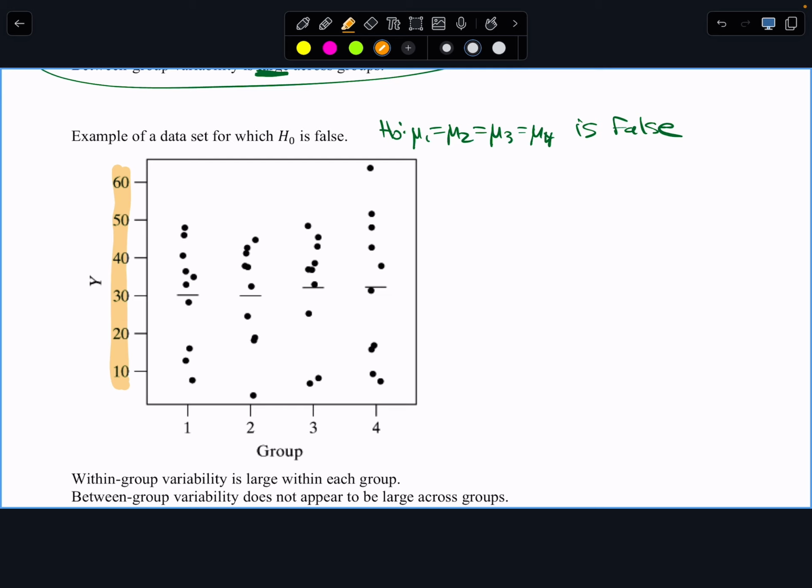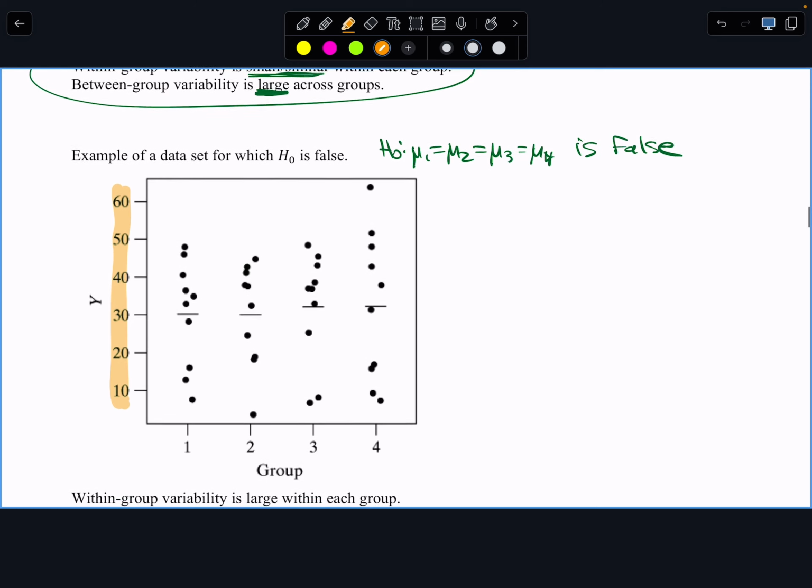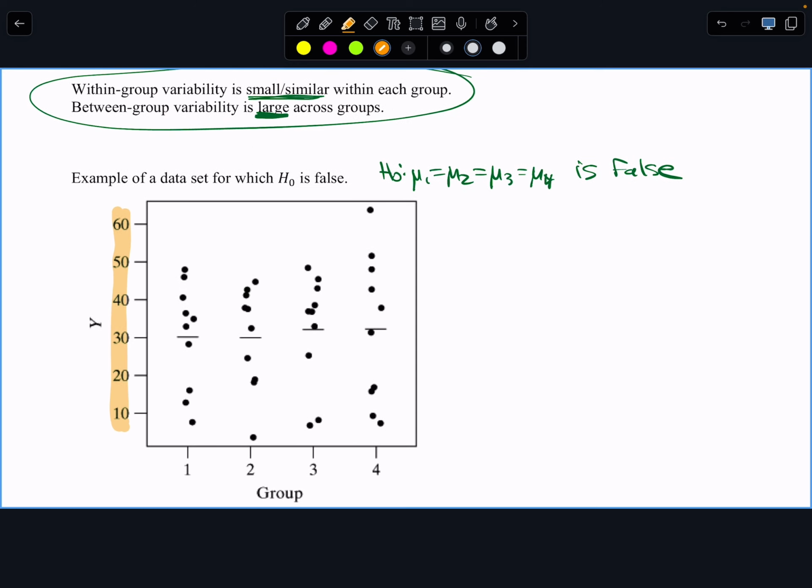So we have a lot of variability. And I want you guys to tell me what type of variability is large in this case. Caroline? Would the within group or the between group variability be large in this case? Between? Okay, between.